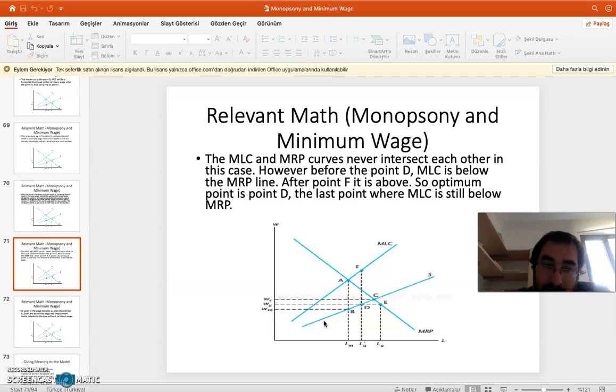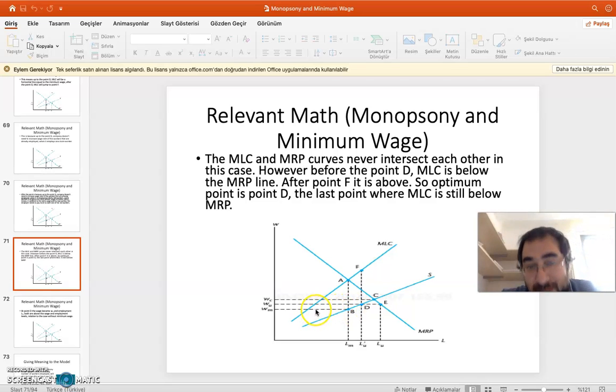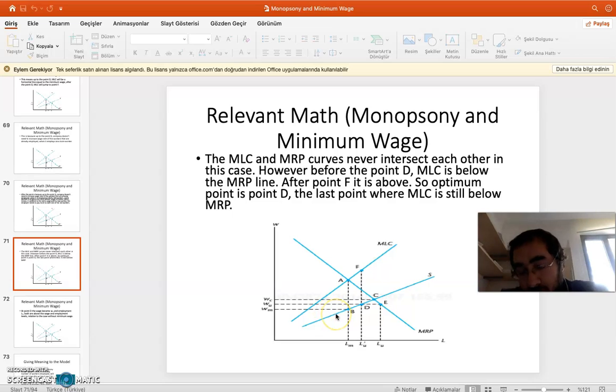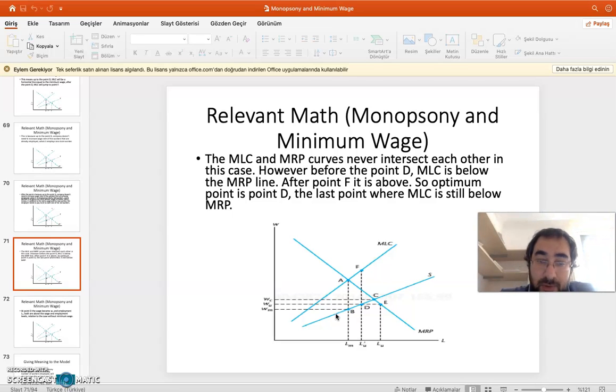However, when you have a minimum wage and you employ more people, the additional cost is just equal to the wage you pay to the worker.